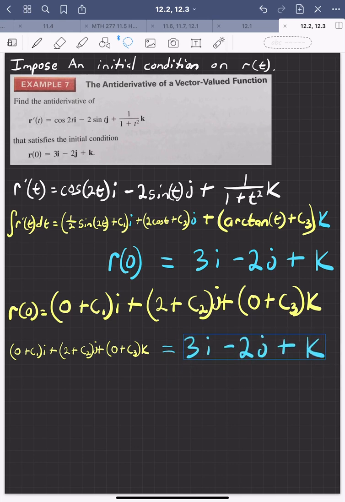Here we go. So simple enough. Now we should be able to just via inspection answer: c sub 1 is equal to, c sub 2 is equal to, c sub 3 is equal to. All right.